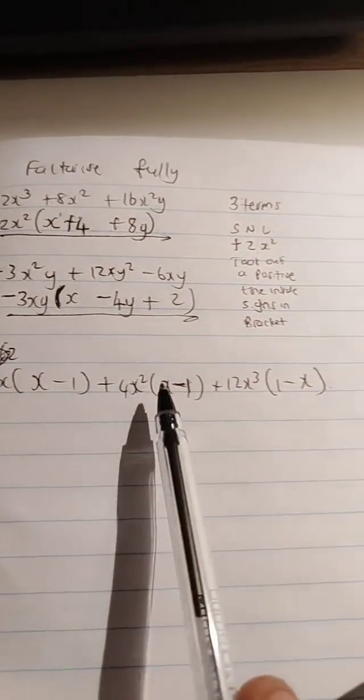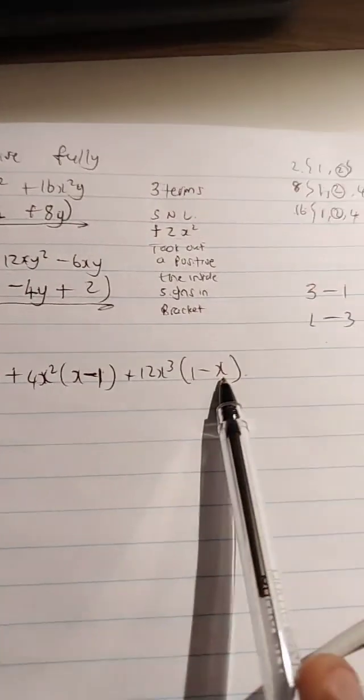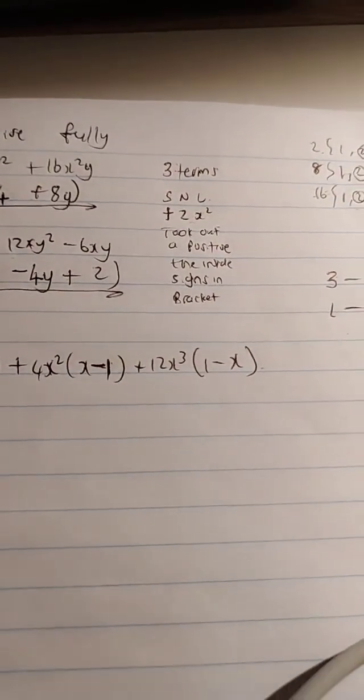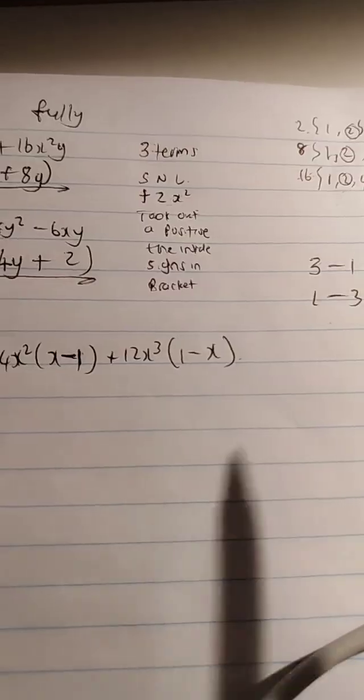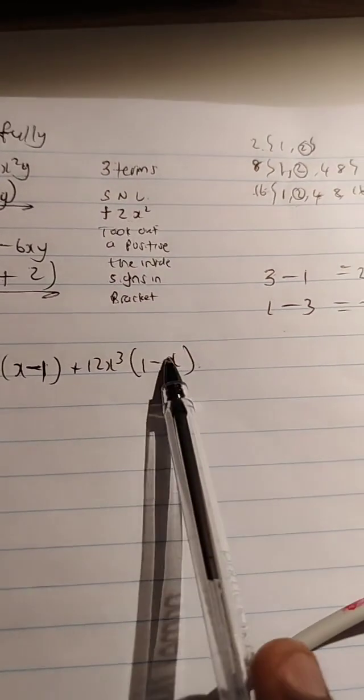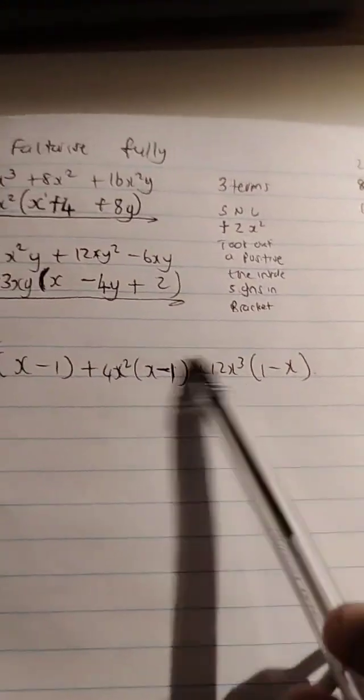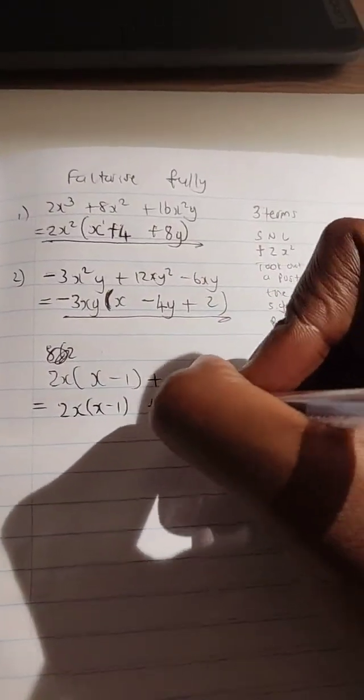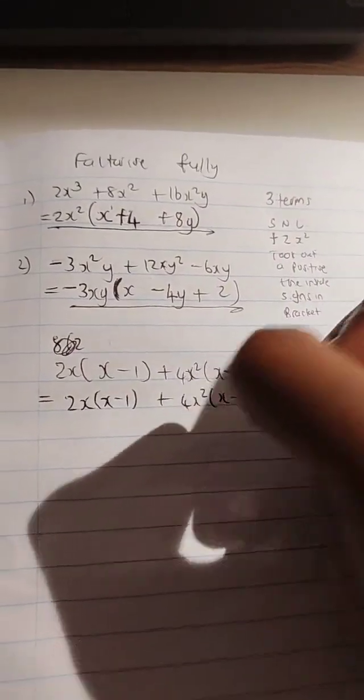So we say that x minus 1, these are common, but 1 minus x is not common. Because subtraction is not commutative, this needs to change. So we apply the sign change rule for the last term. We maintain the first term as it is. We maintain the second term as it is.